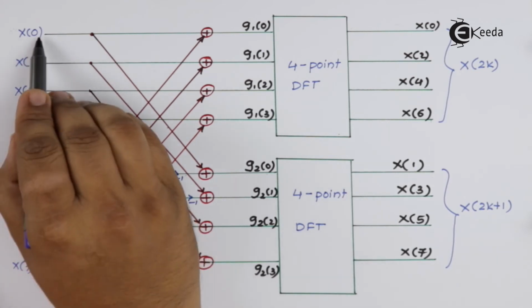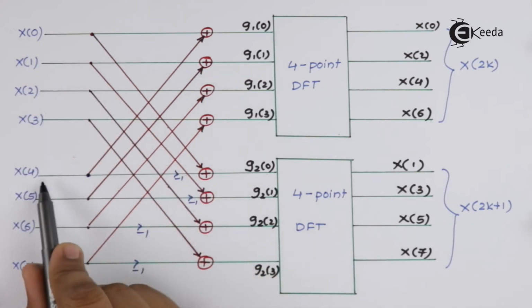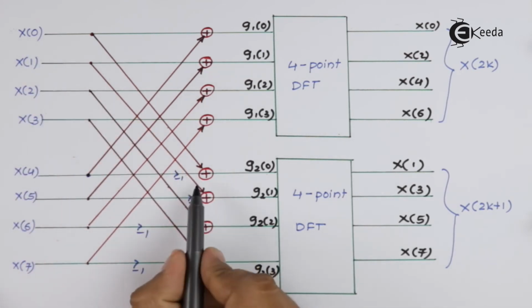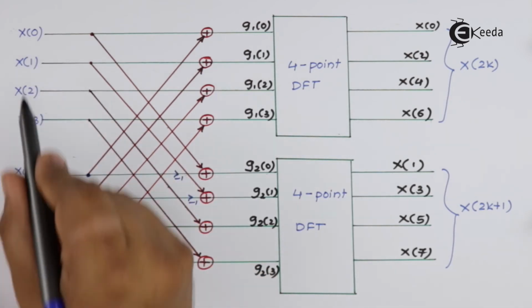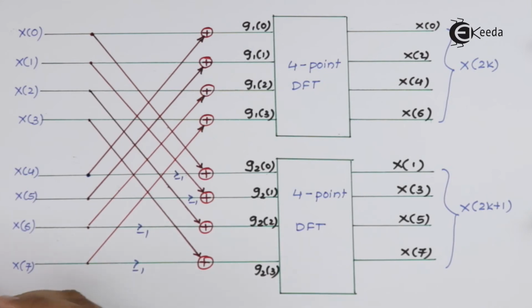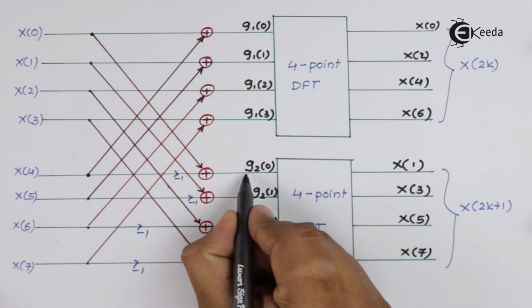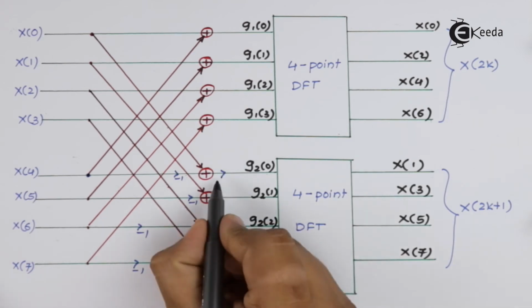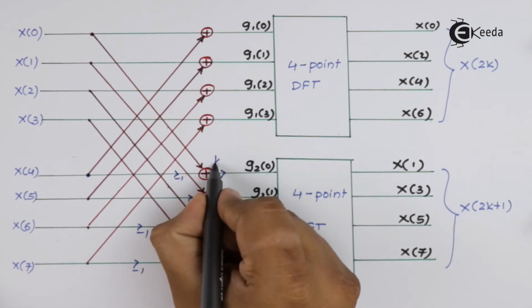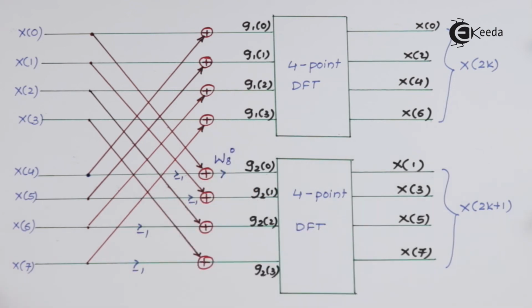From x of 0, your x of 4 will be subtracted. Here we have a plus sign, so minus into plus becomes minus, so automatically the x of 4 sample will be subtracted from x of 0. But you will not get the answer of g2 of 0 directly, because we have to multiply this result by omega 8 to the power 0, then you will get the answer of g2 of 0.